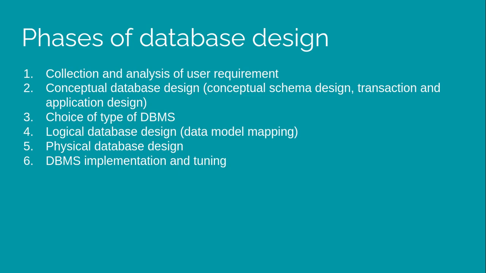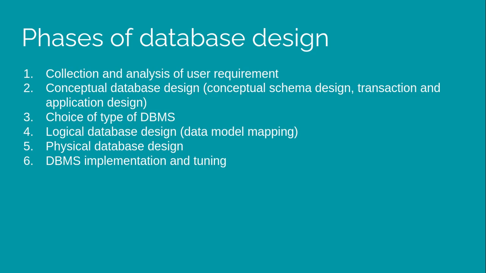Moving on, what are the phases of a database design? Phase 1 is collection and analysis of user requirements. Phase 2 is the conceptual database design. This is actually where we map the conceptual data design to the logical database design. The third phase is the choice of the type of database system used.